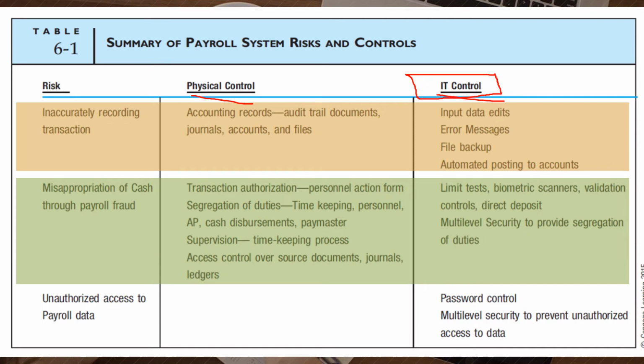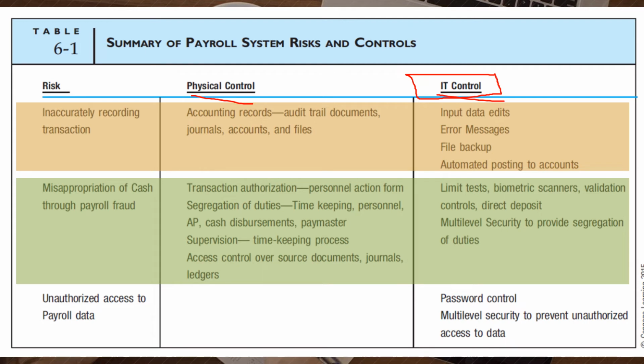In the physical controls, we have transaction authorization, segregation of duties, and supervision activities. In transaction authorization, we have a personnel action form to ensure the transaction is authorized, approved by a higher level of the company or management.